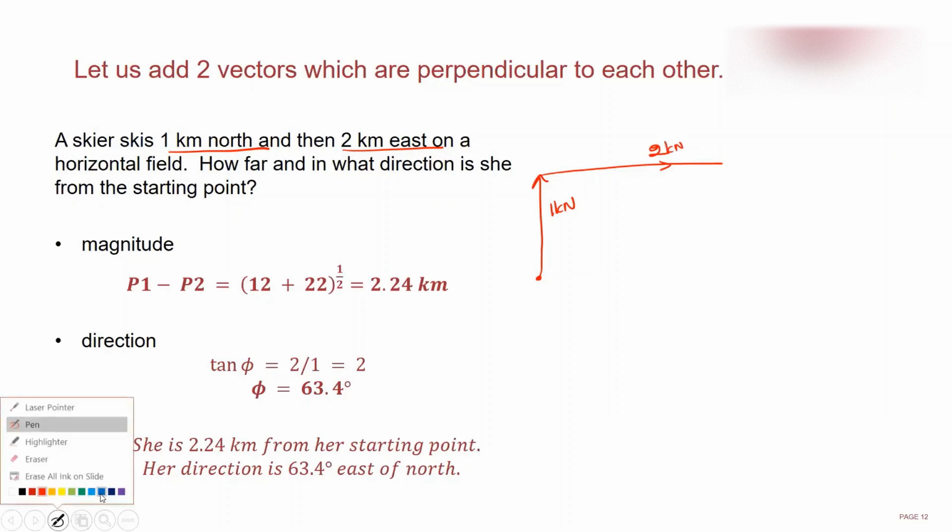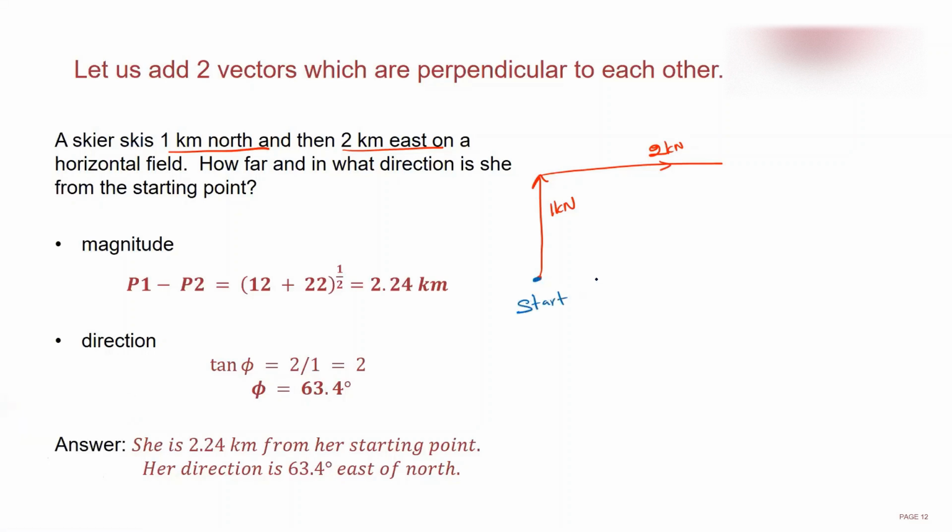The resultant, or the change in the position, is from start to end. So this is where we started and this is where she ended. Using this triangle, we can find the magnitude of this length, which is the magnitude of the vector, and also the direction.